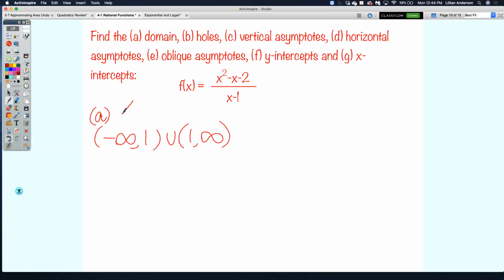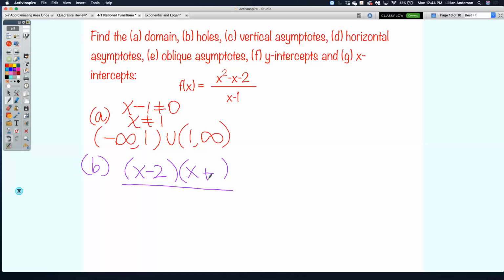You take where the denominator does not equal 0. When you solve that, it's everywhere except where x is equal to 1. So yes, that's exactly how you write it in interval notation. Perfect. What about the holes? There are none. How did the top factor? x minus 2 and x plus 1. Yes, there were no holes. Good stuff.